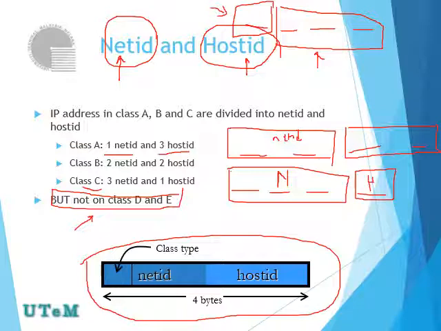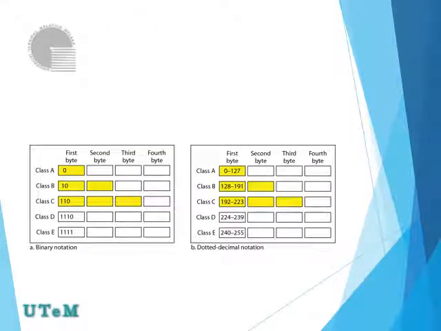Part of the netid is used for the class type. In class A, the first bit is used to identify the class of the IP address, and this is part of the netid portion. This is how we differentiate: yellow in color means net, white in color means host.